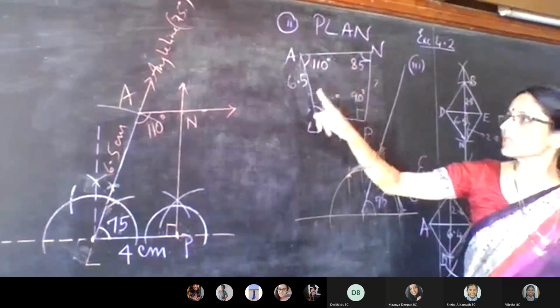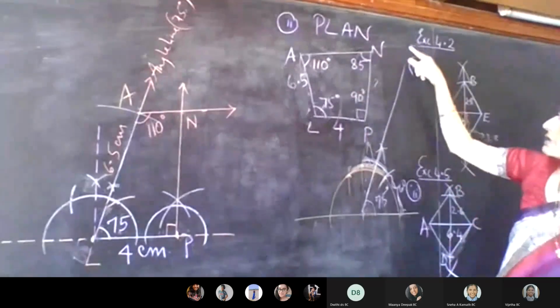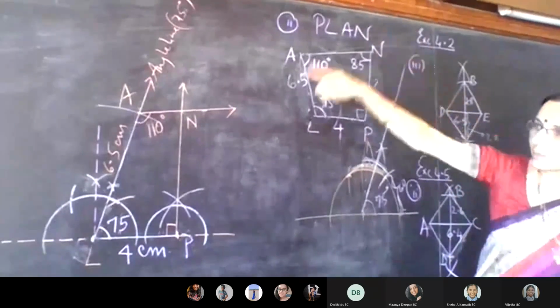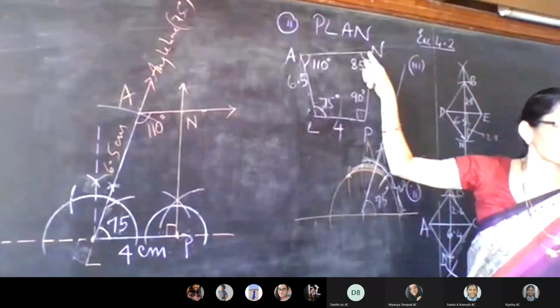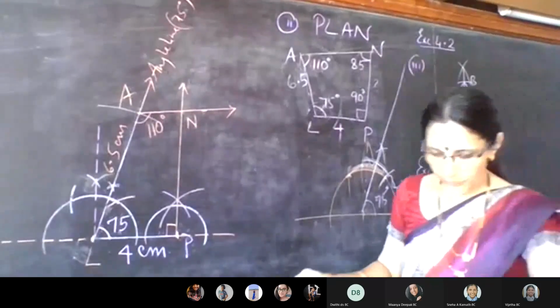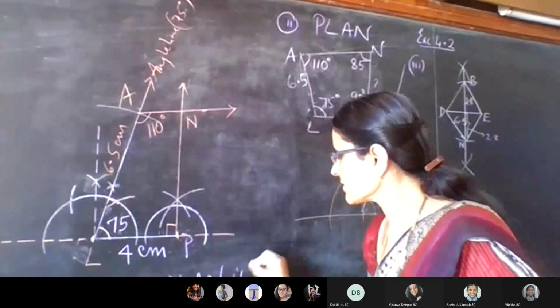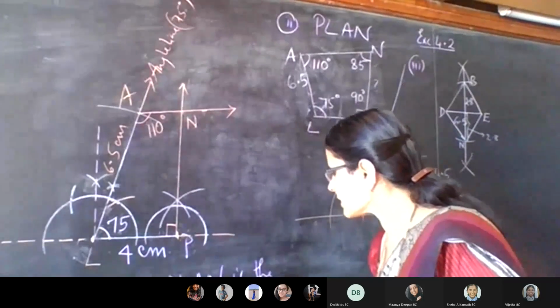Obtuse it should be. Start from 0, then stop at 110. Then draw that angle line and this angle line. They both meet at N. So that is named as N. Therefore, PLAN is the required quadrilateral.